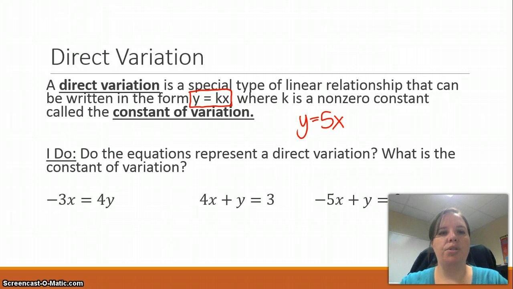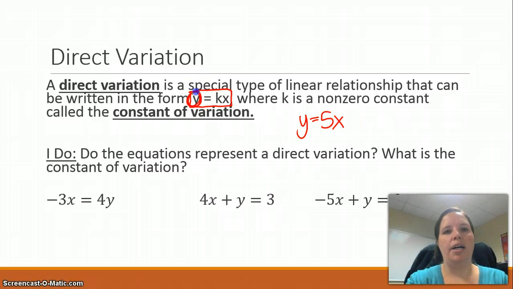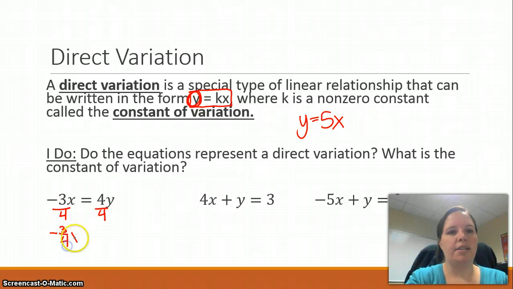So we're going to do some identifying, but I'm going to start with identifying for you which ones are direct variation. So you may have to do a little bit of extra manipulation to tell whether an equation represents a direct variation. But what's the big characteristic here? We're trying to get y alone. So in this first one, if we divide by 4 on both sides, we get negative 3/4 x equals y.